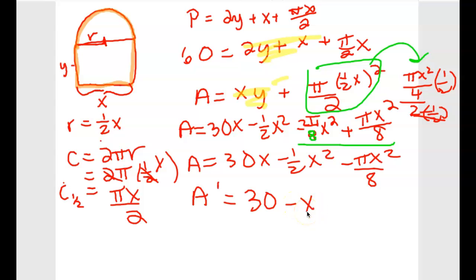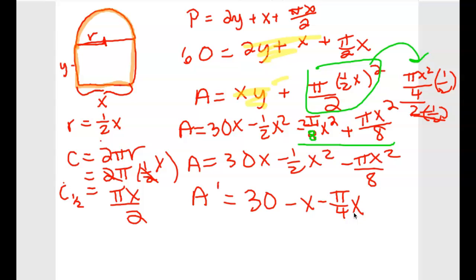Derivative of negative pi eighths x squared is negative pi fourths x. I'm not sure, I can't get that off the top of my head.